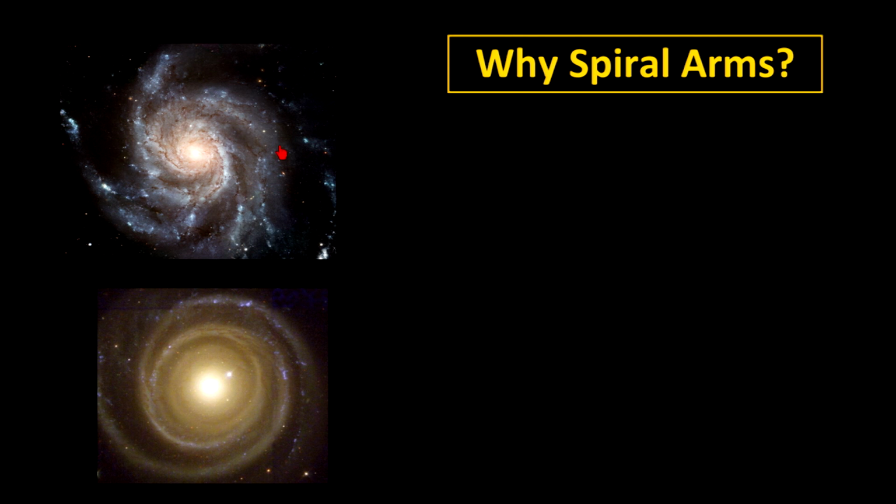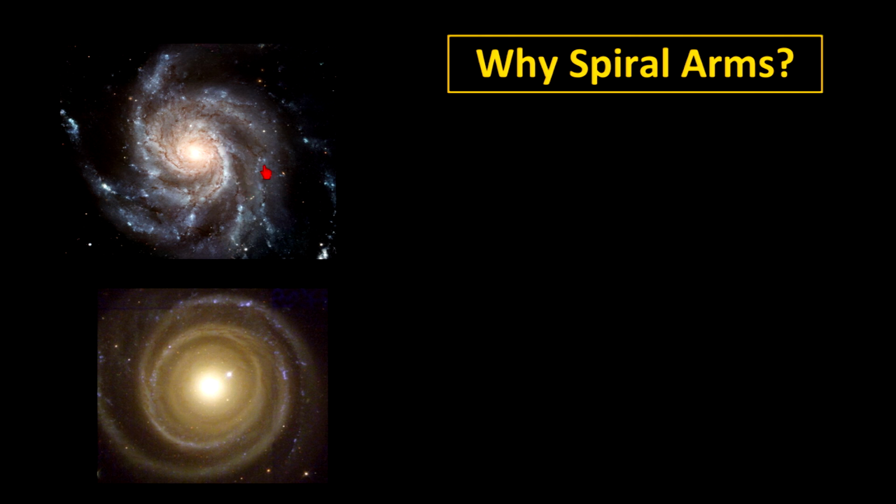This should make sense, because earlier in the semester we talked about Kepler's laws, which have to do with the period of time it takes a body to orbit around another body based on the distance to that body. What we discovered through Kepler's laws is that stars further out should take much longer to move around the galaxy's center than stars that are closer in. It has to do with their speed and their distance.